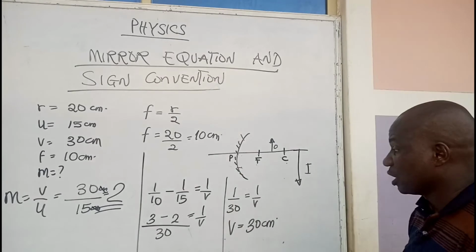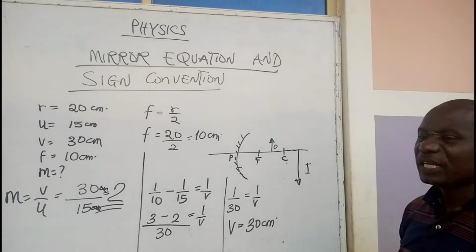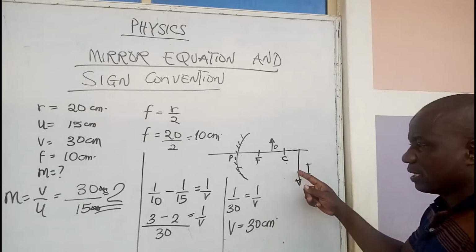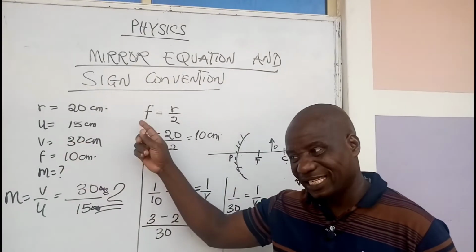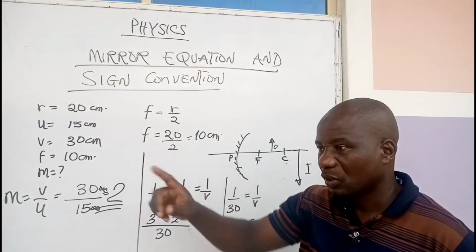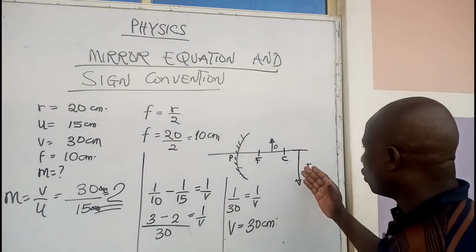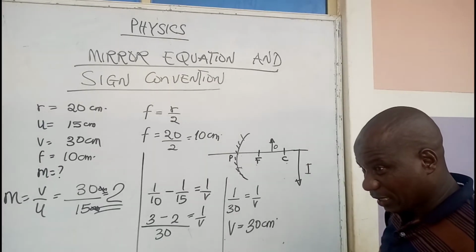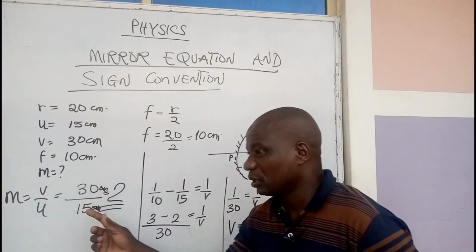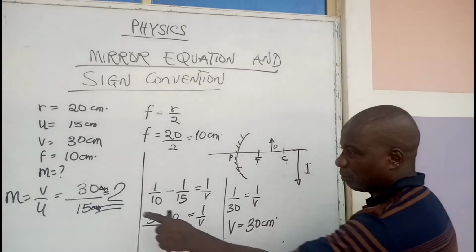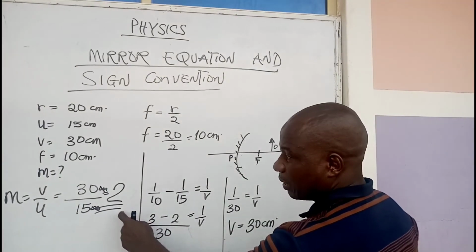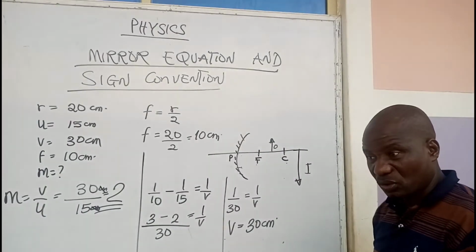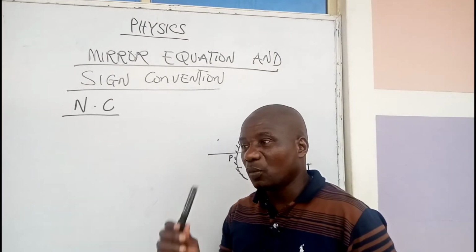The position is going to be 30 centimeter from the mirror. The nature is going to be real, inverted. Are you getting now? Then our magnification is going to be magnified by 2. Is that understood?